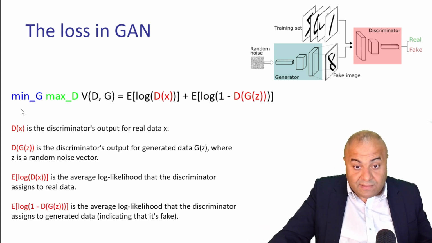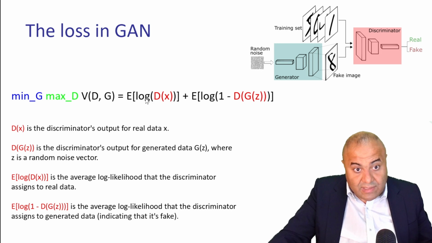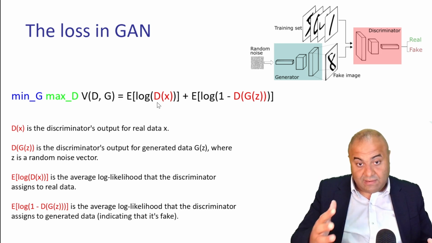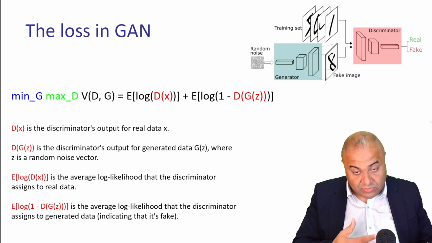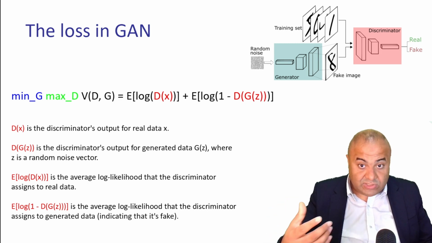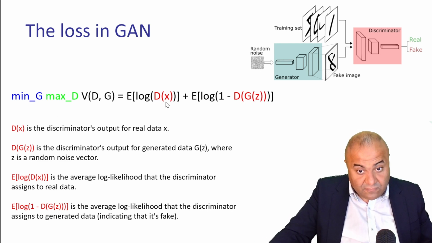Going to the first part, the generator, we're trying to minimize the value, in which the first term is the average log likelihood that the real image is classified by the discriminator as real. If the generator is trying to classify it as, let's say, 0, as fake rather than 1, which is real, he's trying to make the discriminator confused that a real image is just fake.